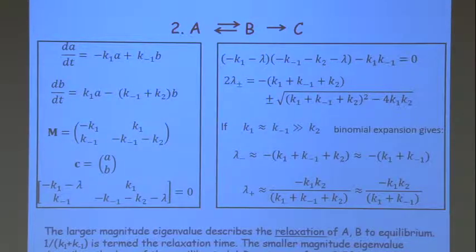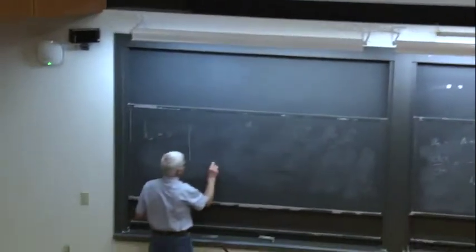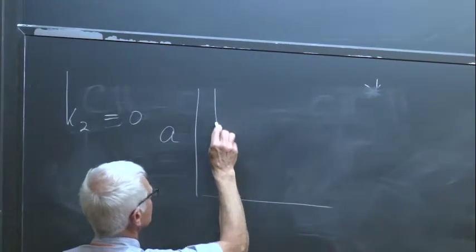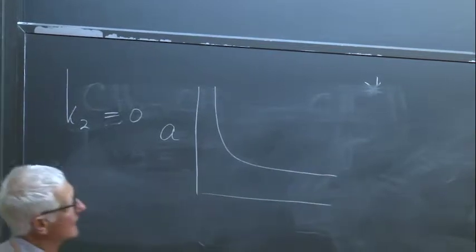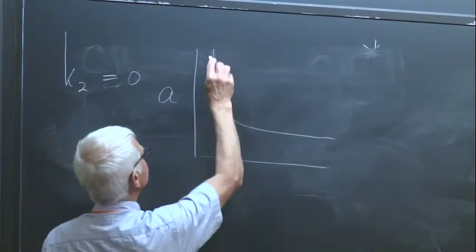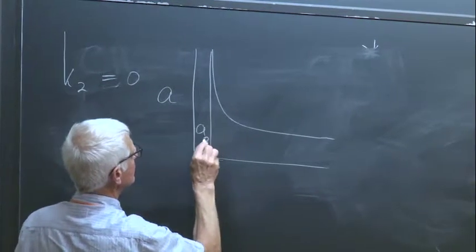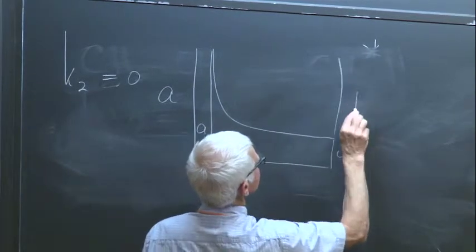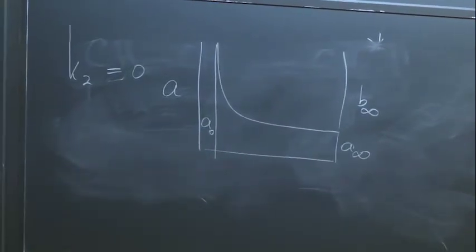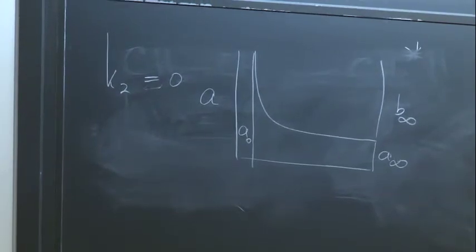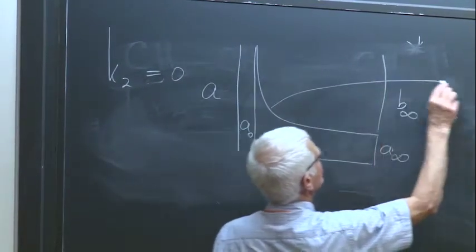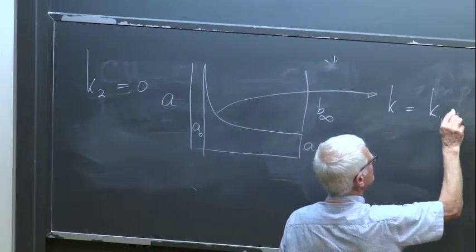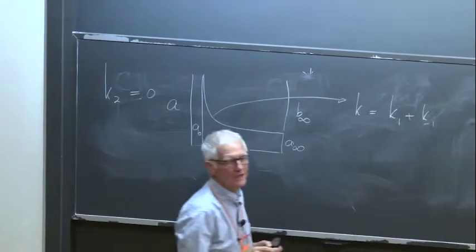So what's going to happen is that if we look at A, it's going to decay like that. And so this is A0, and this is A infinity, and by difference, this is B infinity. What's happened is they've equilibrated, and the rate constant for approaching equilibrium is the sum of k1 and k minus 1.